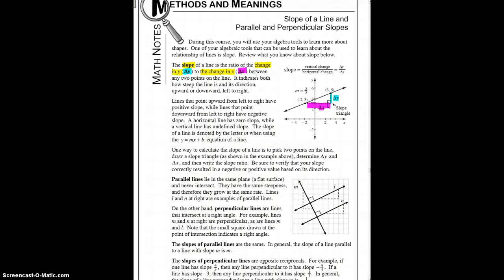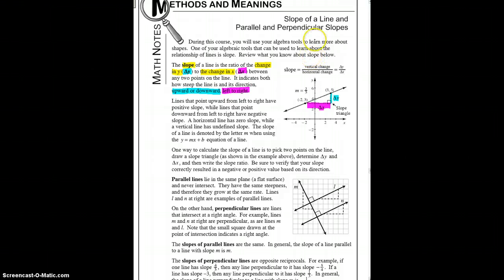The slope indicates both how steep the line is, in its direction upward or downward, and left to right. So most of us have seen this equation before on the right, but we're not really looking at it in the way in which we've been taught.